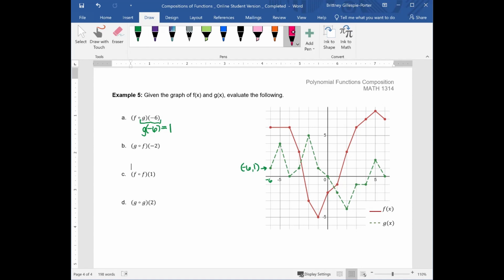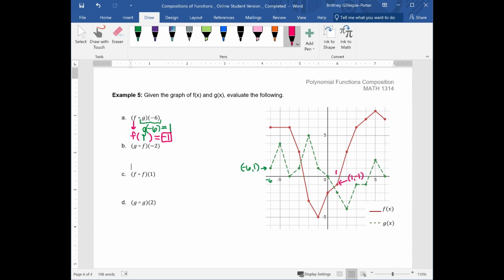So now we need to find f, bringing down the function, of 1. So we go to where x is 1. We find the red line since we're talking about f of x. And we find the ordered pair (1, -1), which means f of 1 is equal to -1.